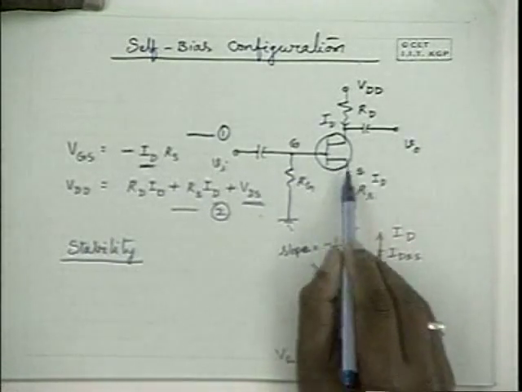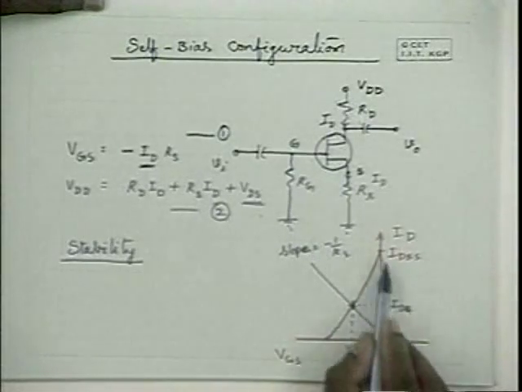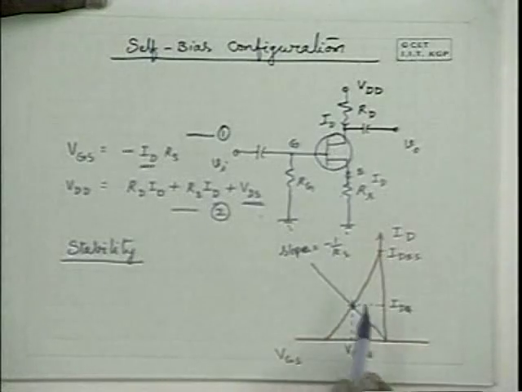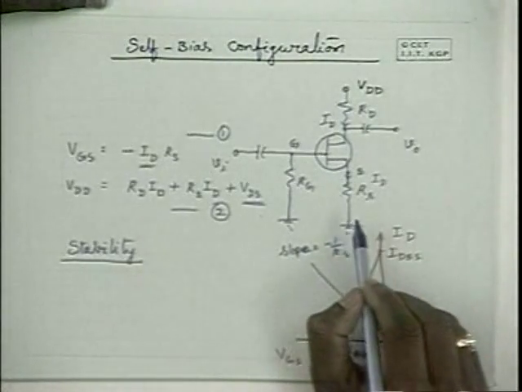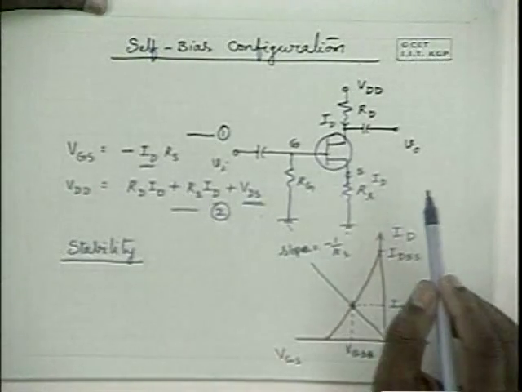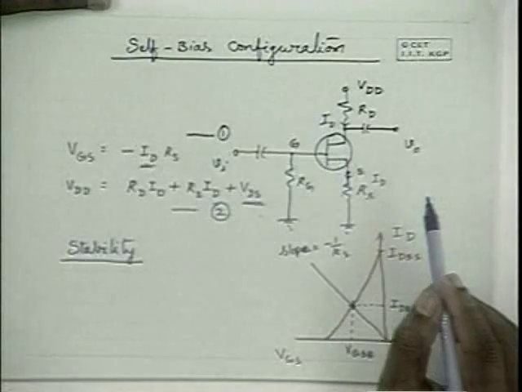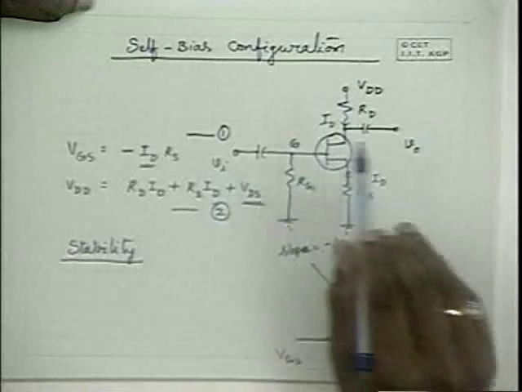So if ID increases, the reverse potential increases, and if the reverse potential increases, ID decreases. Because of this feedback provided through the resistance Rs, ID is maintained at a constant level with negligible variation. So that is the advantage of a self-bias circuit.